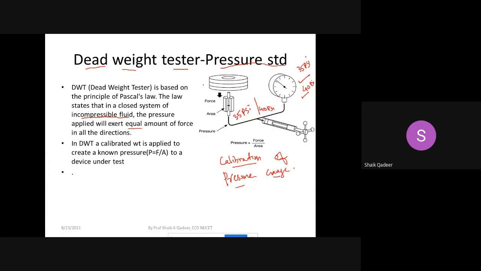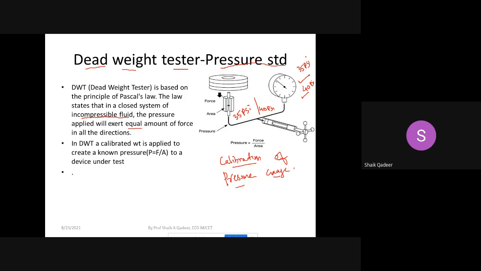Suppose we have a closed loop in which we have incompressible fluid, right? And we know that in a closed loop, if the loop is filled with incompressible fluid and we apply weight on it, then it exerts force which is equal in all directions. So using this Pascal's law, here we apply the standard weights.